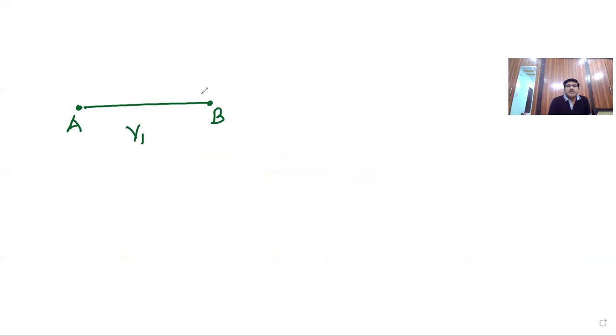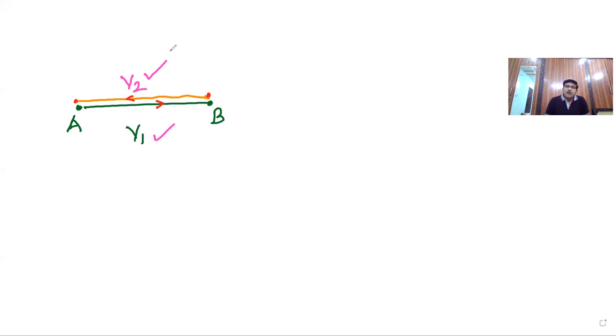Then he is coming back from B to A. First his direction was A to B, then he comes back B to A. A to B the speed is v1, and B to A in reverse the speed is v2.